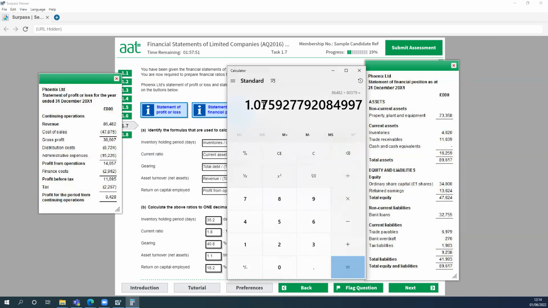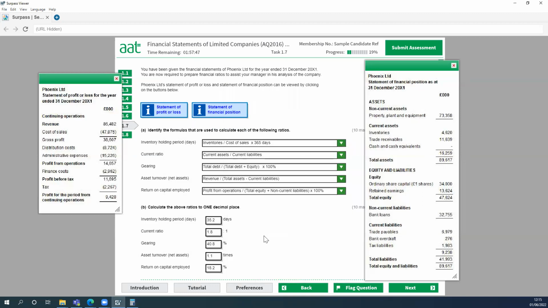So we're going to round that to one decimal place, which means that that's going to move to 1.1 times. Yep. So for every pound of your assets, you generate £1.10. So it just generates 1.1 times revenue over assets.